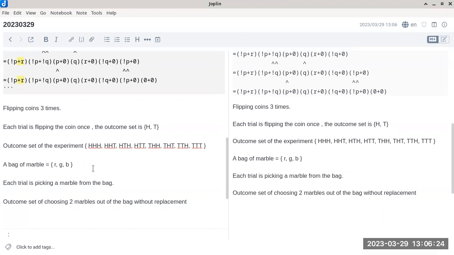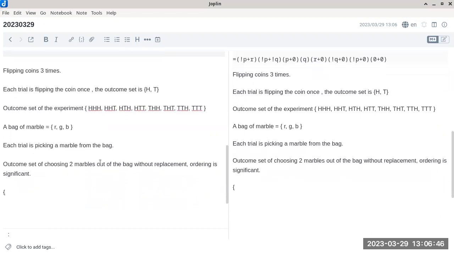So we want to look at the outcome set of choosing 2 marbles out of the bag without replacement. And because I'm putting the marble into a tube, ordering becomes important, okay? Because I need to know which one goes into the tube first. So we'll just say ordering is significant. So now we want to look at this particular outcome set.